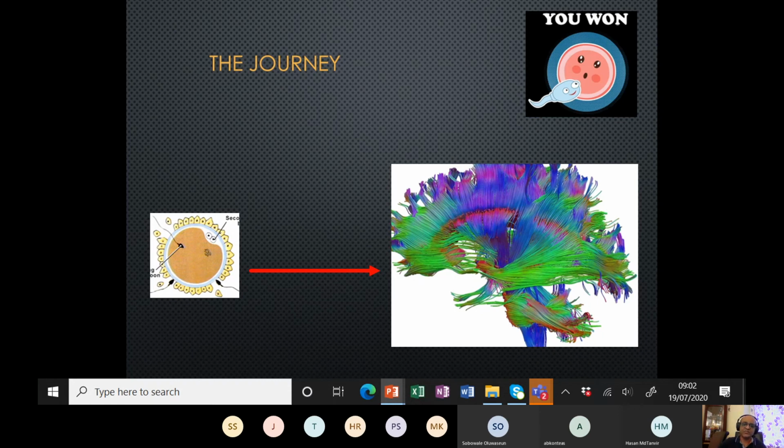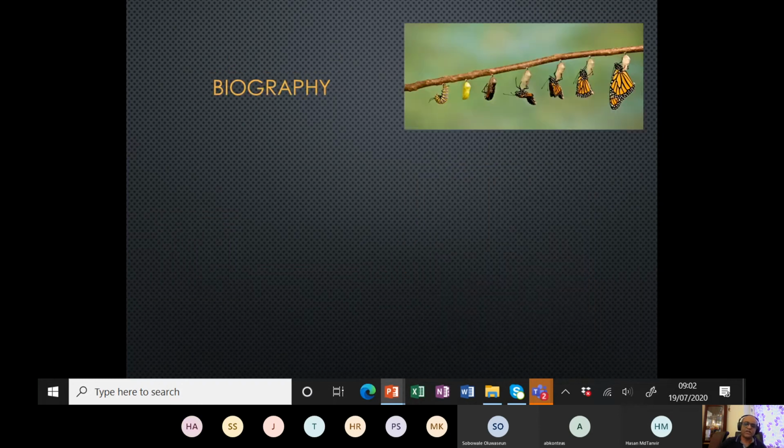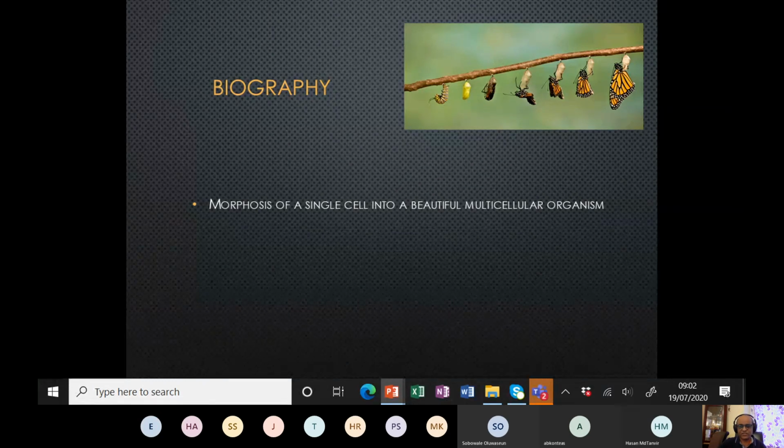In effect, actually, we are looking at the journey in a reverse way. We are seeing actually the brain trying to understand how it moves from that single cell organ. In effect, it's actually a biography of a cell, the zygote, then it develops mechanism.